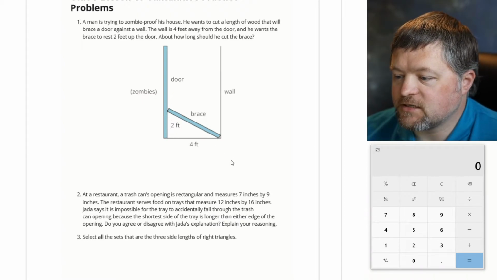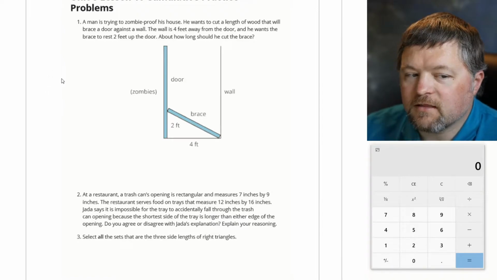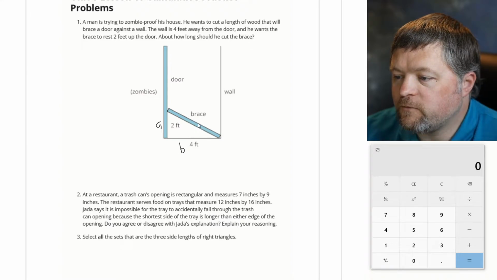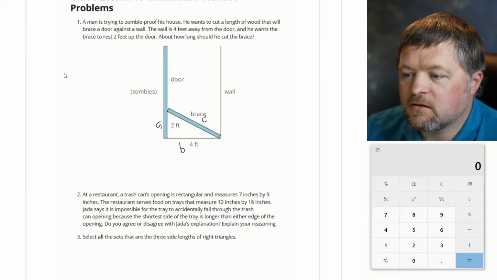So this is a nice right triangle with legs of 2 feet and 4 feet, and we want to find out the length of the brace.